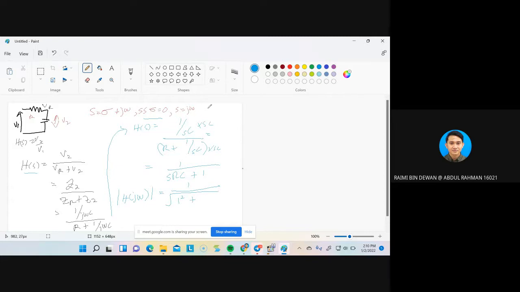S is equal to j omega. Then you have omega RC squared.